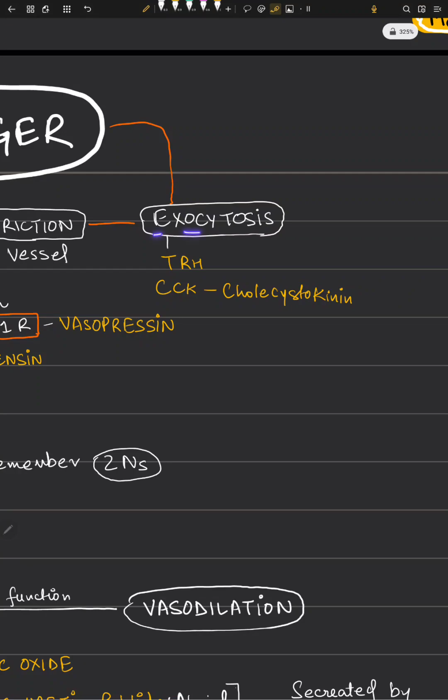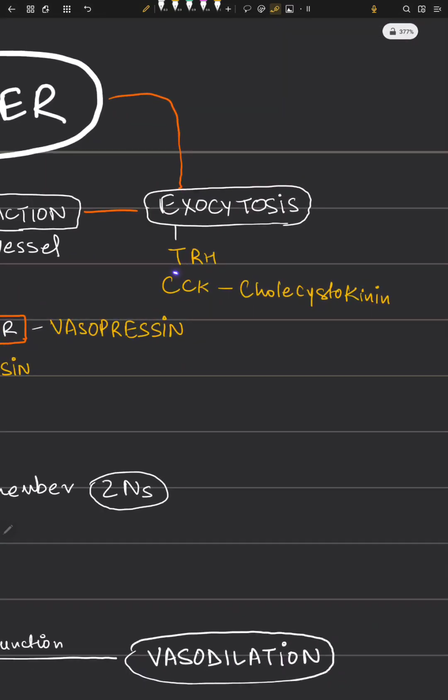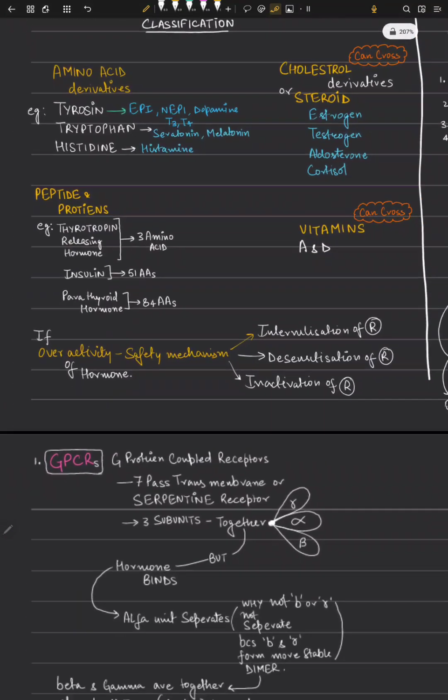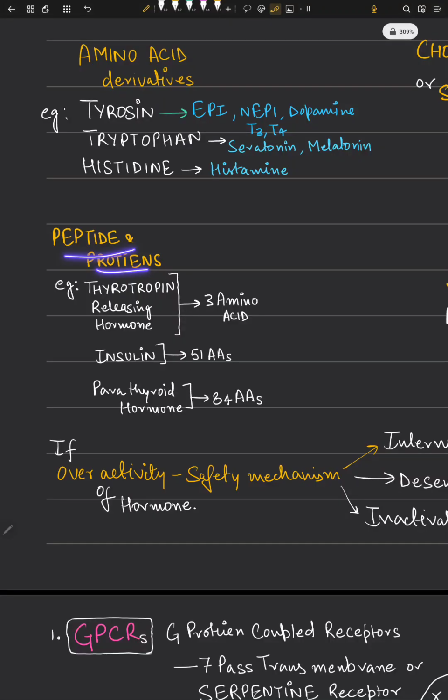And exocytosis means something is getting outside of the cell. So what is it? TRH and CCK. Cool. Both are releasing hormones, and they are both peptides, TRH and CCK. We just read about them here. Protein and peptide.